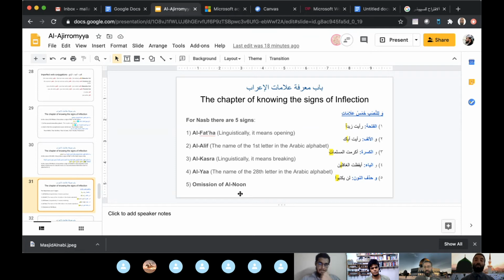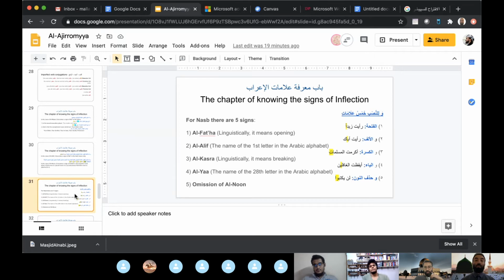You're actually removing the nun. That's the difference between the rules of tajweed and the rules of grammar. I understand you're coming from a tajweed background, but in grammar, when we say hadhf al-nun, the omission of nun, we literally mean removing the nun altogether, from both pronunciation and writing.